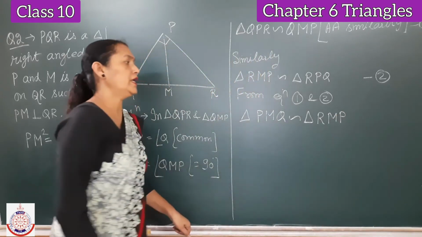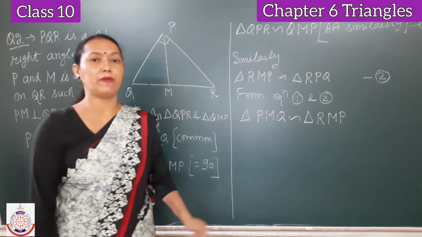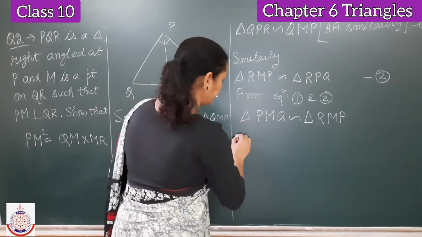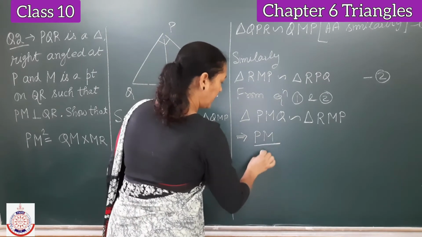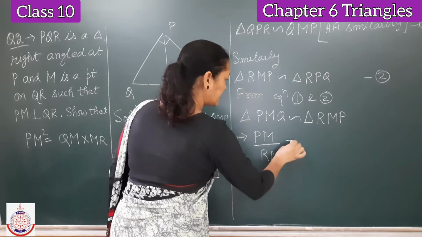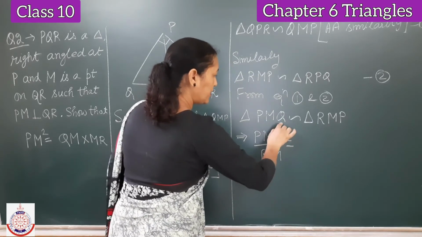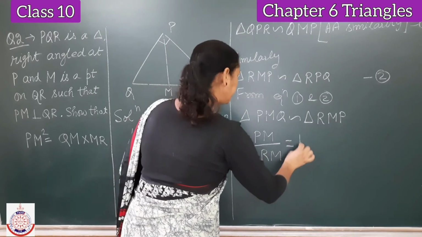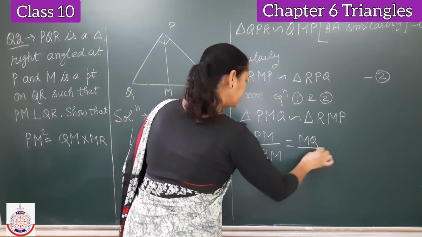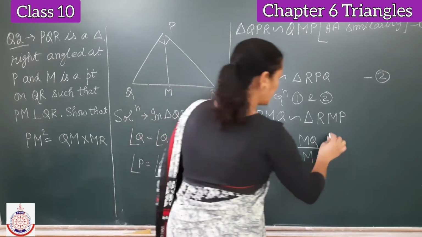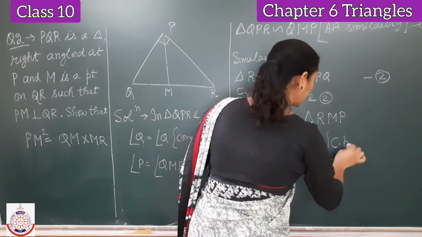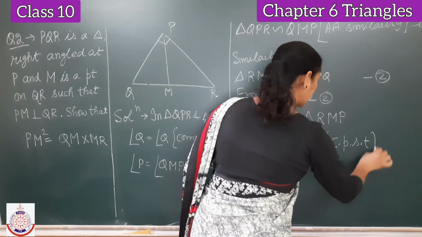If they are similar, that means sides will be proportionate. This implies PM upon RM is equal to MQ upon PM, by corresponding parts of similar triangles.